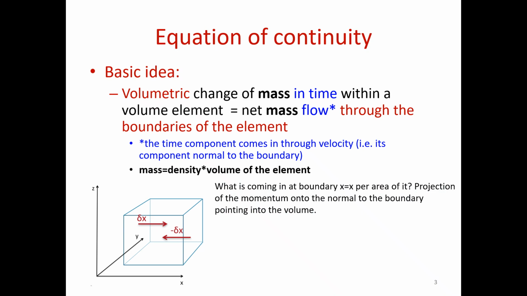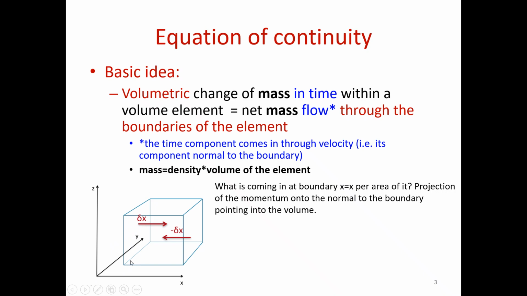If I look at this boundary over here, with the normal direction delta x pointing this way, then to see something coming in through this box, I project that something with velocity v onto this vector. That's what's actually coming through, because I have to go in the normal direction to come through. So rho v dot delta x is what's coming in on this side.